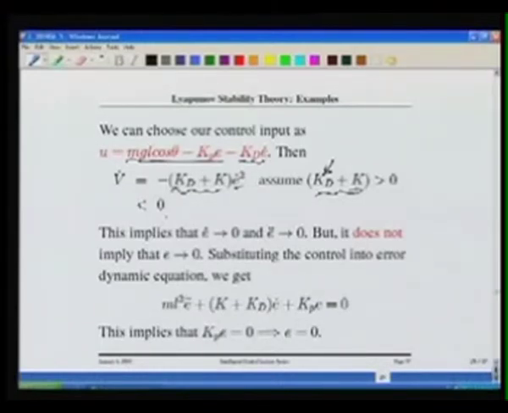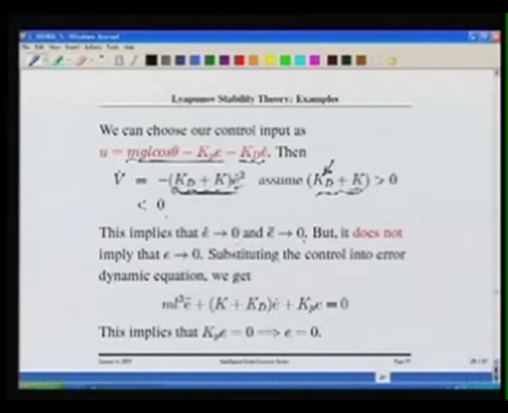So this implies that, and you see that the LaSalle-Yoshizawa theorem says when V dot becomes a function like this, which is a continuous function because E dot is continuous, and this is a negative definite function, then this particular quantity is positive definite and will converge to 0, because E dot square converges to 0, E dot also converges to 0, and E double dot converges to 0.